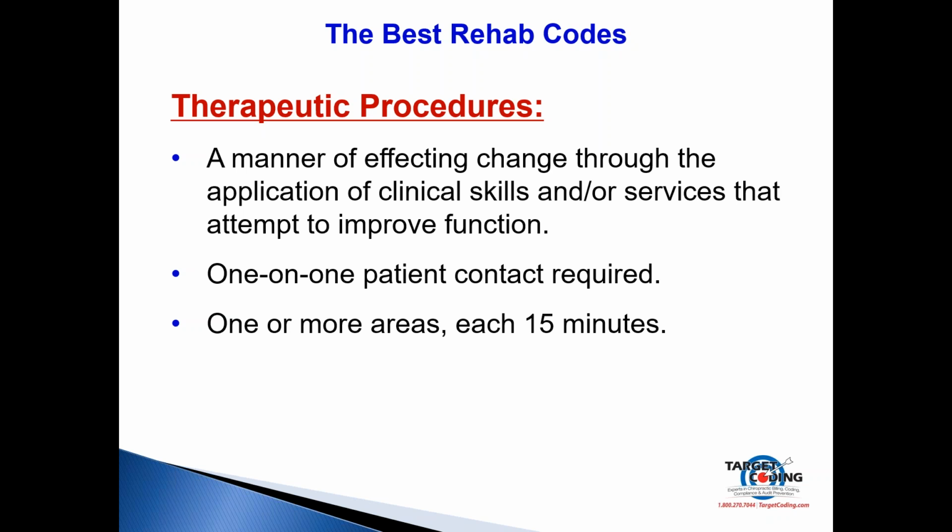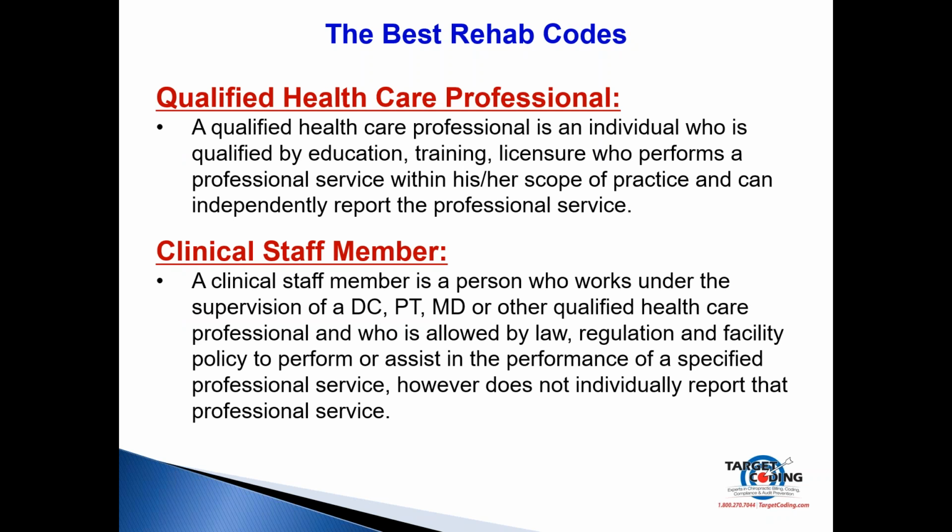So now let's talk about who can provide these services. There are two types of categories. Qualified healthcare professionals, like chiropractors, medical doctors, nurse practitioners. A qualified healthcare professional is an individual who is qualified by education, training, licensure, who performs a service within his or her scope and could report these professional services.